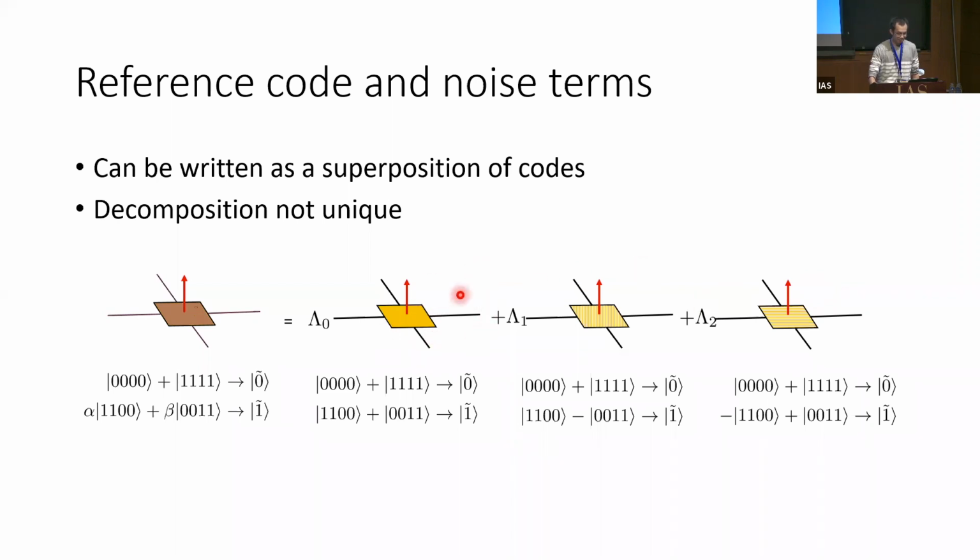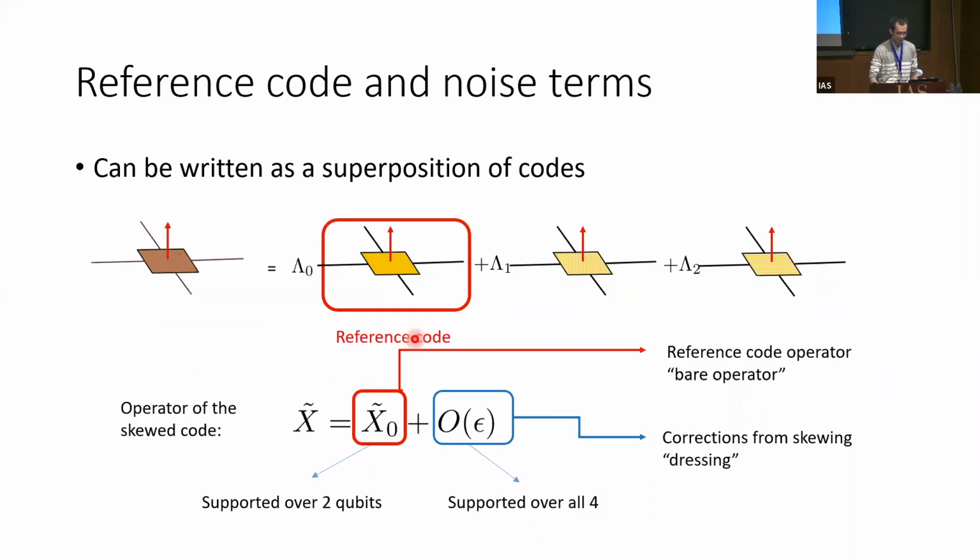Here, let me call the first term the reference code. This is the code that has the most overlap with the code on the left here. And then you also pick up some noise terms, and each of these noise terms is defined by an encoding isometry.